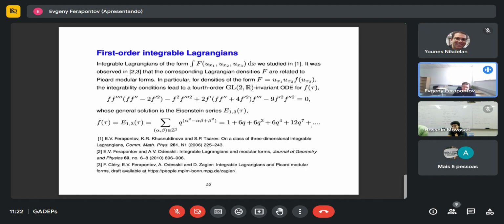So it became clear that the occurrence of modular forms in the theory of integrable systems is not accidental in this particular case, and they occur in many other similar circumstances.